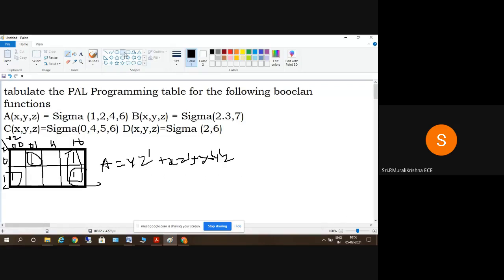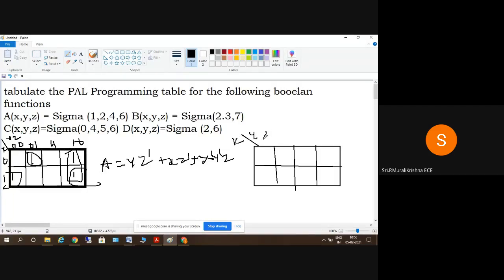And the value of B. This is X, and this is YZ. 0, 0, 0, 1, 1, 0, 1, 1, 0, 1.